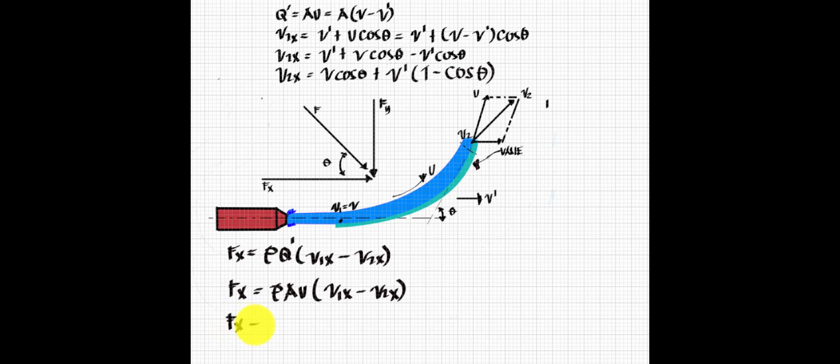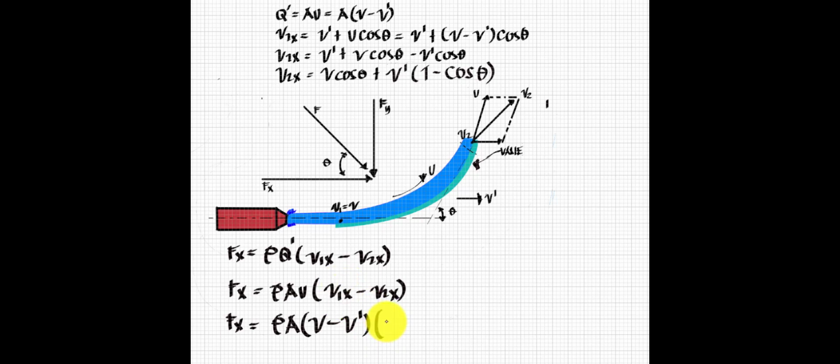So we can express this one as your density times area, then this will be multiplied by v1, or let's say this will already be v. Since v sub 1x is equal to v, I'm going to change this one to v, then minus v sub 1, v prime.